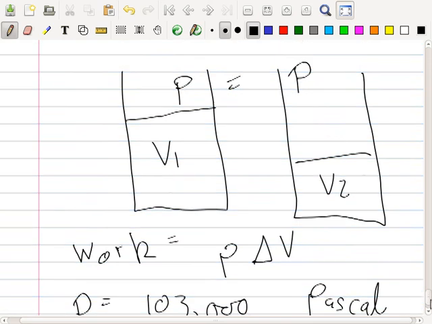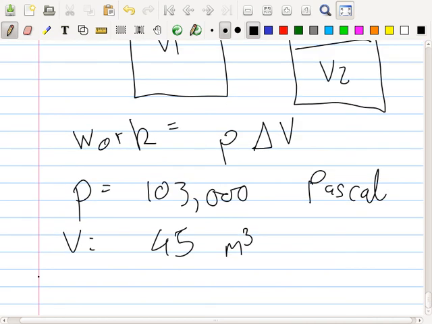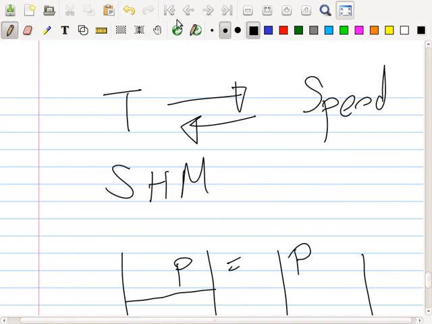Now, let's suppose in this room, I take the ceiling and I push it down, so that the new volume will now be 40. So my question is, how much work have I done? Do you understand my question?